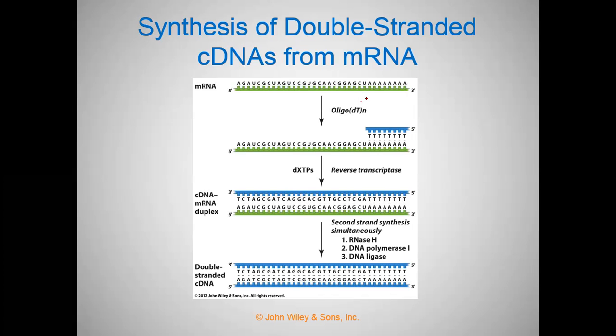We use the reverse transcriptase enzyme and definitely the dNTPs. This reverse transcriptase enzyme generates the complementary strand against the mRNA. When this complementary strand forms against the messenger RNA, a cDNA-mRNA complex is formed. It is a duplex actually, a hybrid molecule containing the mRNA portion and the DNA portion.